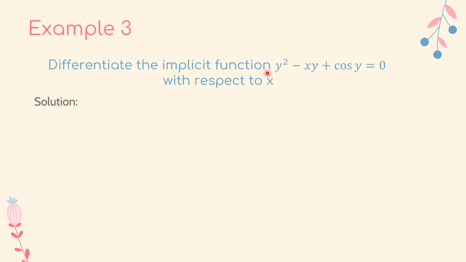Differentiate the implicit function y squared minus x times y plus cos y equals 0 with respect to x. So here, y squared becomes 2y multiplied with dy/dx, and for minus xy we have to apply the product rule. So we differentiate x, which is 1, and multiply it with y.